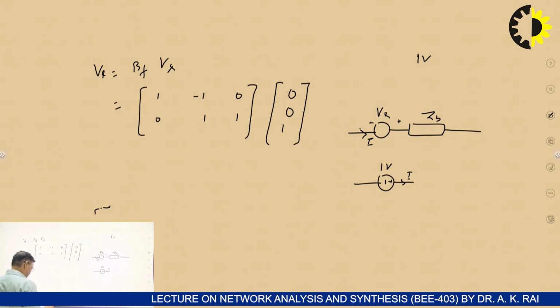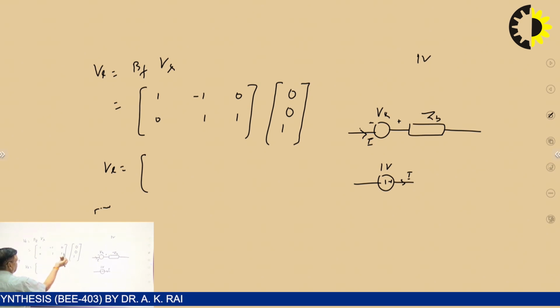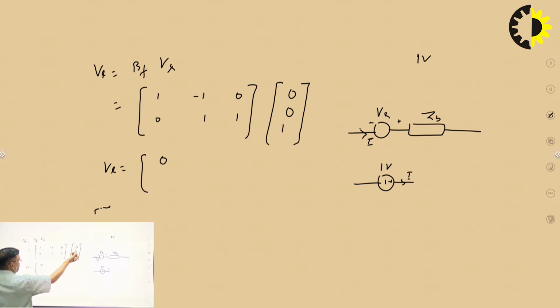So on multiplication we get VL equal to 0 0 0, 0 into 1 0 0 and 0, 0 plus 0 plus 0 is 0.